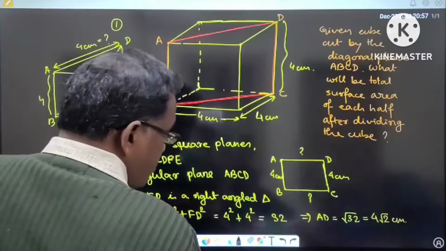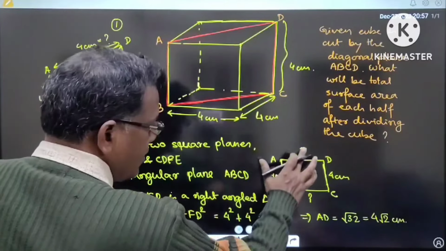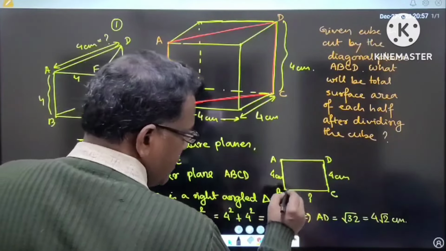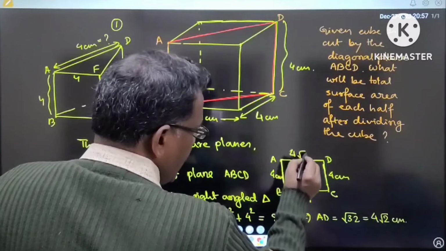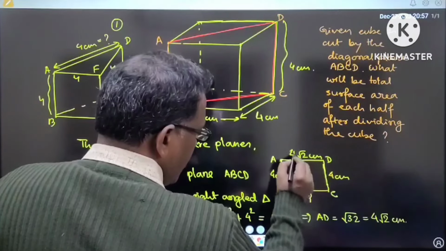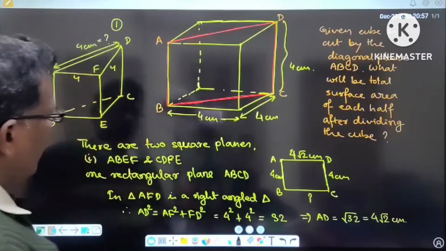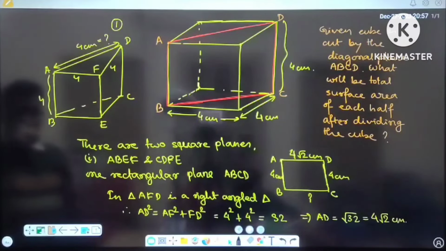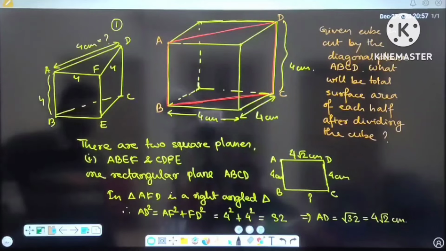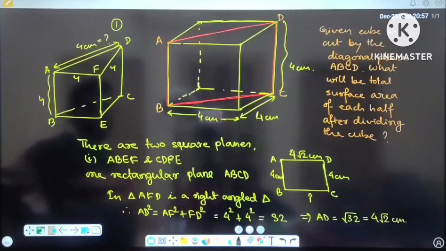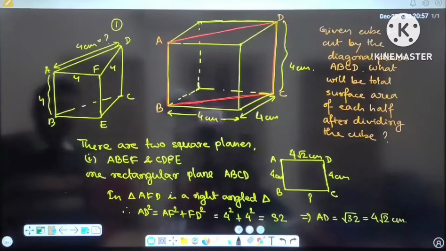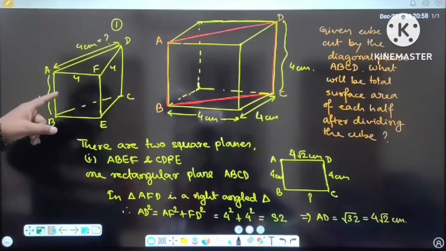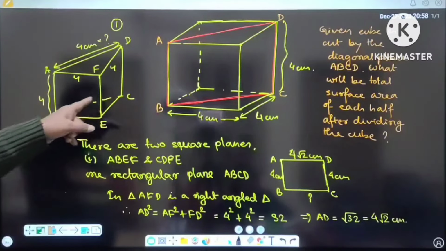So now I can say the length AD is 4 root 2 centimeters. So this will help me to know the area of the rectangular plane ABCD. So that means now I know the area of 3 surfaces, 2 square planes and 1 rectangular plane. Apart from these 3 planes, we have 2 more planes, which are triangular planes. The triangular planes are AFD and BEC, right?